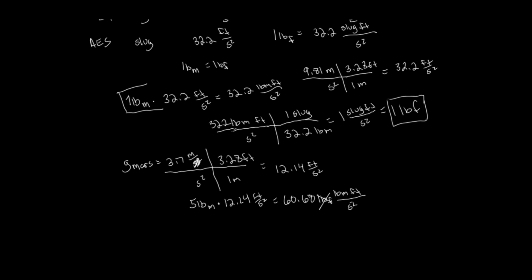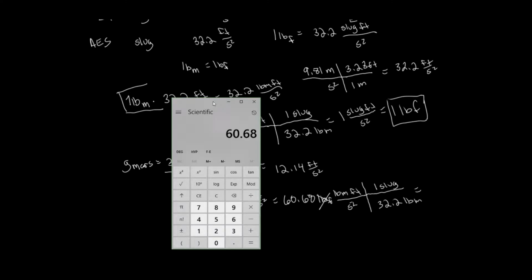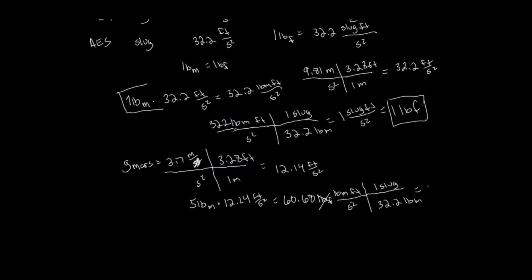Okay? Now if we convert our pounds mass to force, we find one slug is equal to 32.2 pound mass. And then we get, let's bring this back up. Let's move it over so we can see. 60.68 divided by 32.2, 1.88.